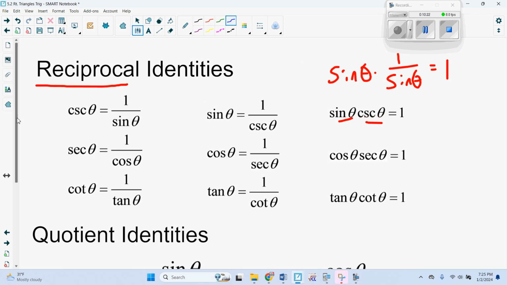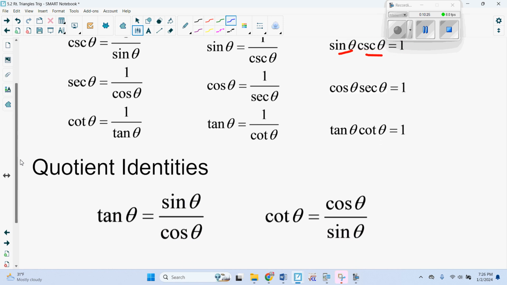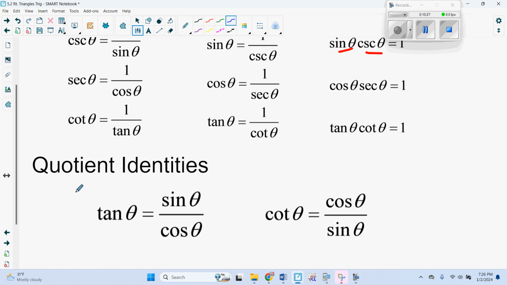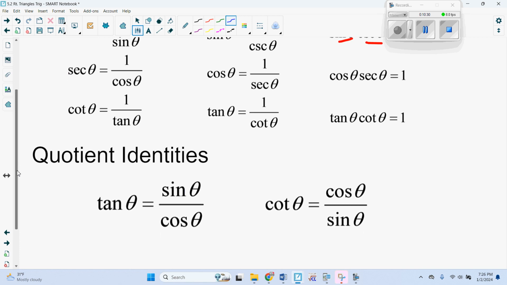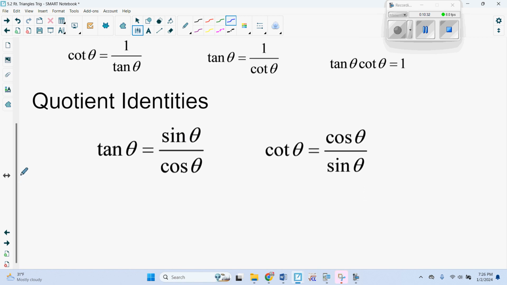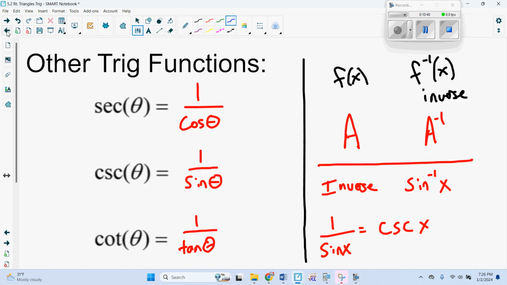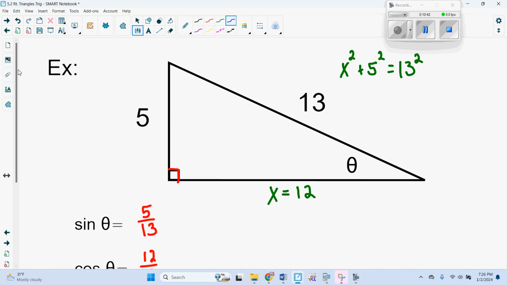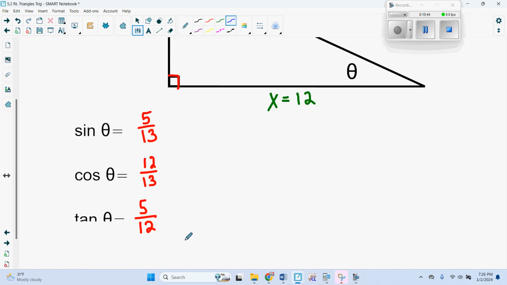Our other identities we're looking at today involve tangent and cotangent. Yes, tangent is equal to opposite over adjacent, but we could also write tangent as sine over cosine. Let me go back to our original triangle and think of tangent not as just opposite over adjacent, but as sine over cosine. Sine is 5 over 13.